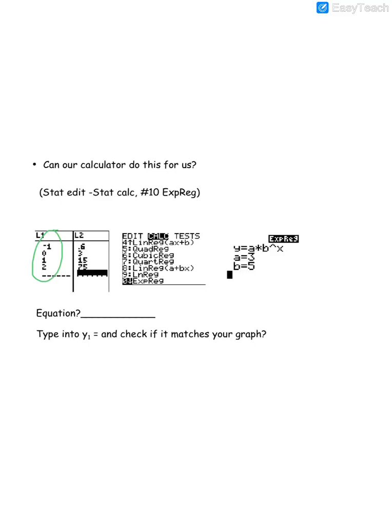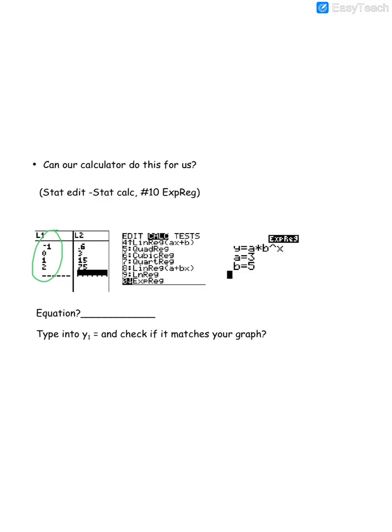Okay, so once I have my L1 and my L2 in there, what I'm going to do is hit the stat button, and this time I'm going to go right arrow over to calc. And instead of hitting 4, which is linear regression, because this is definitely not a line, it's an exponential, okay? An exponential is a little bit lower, so I think it's choice 10 on my list.